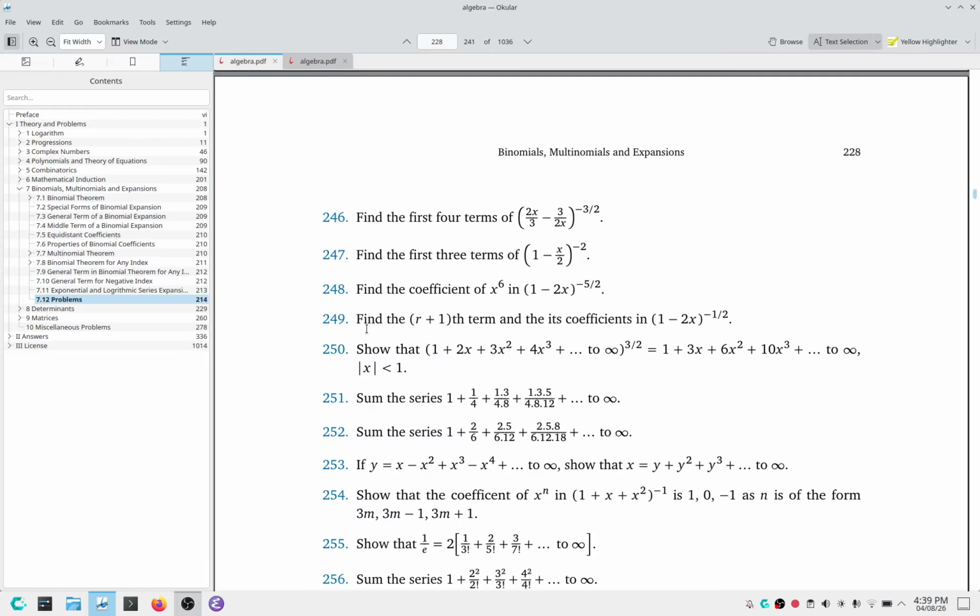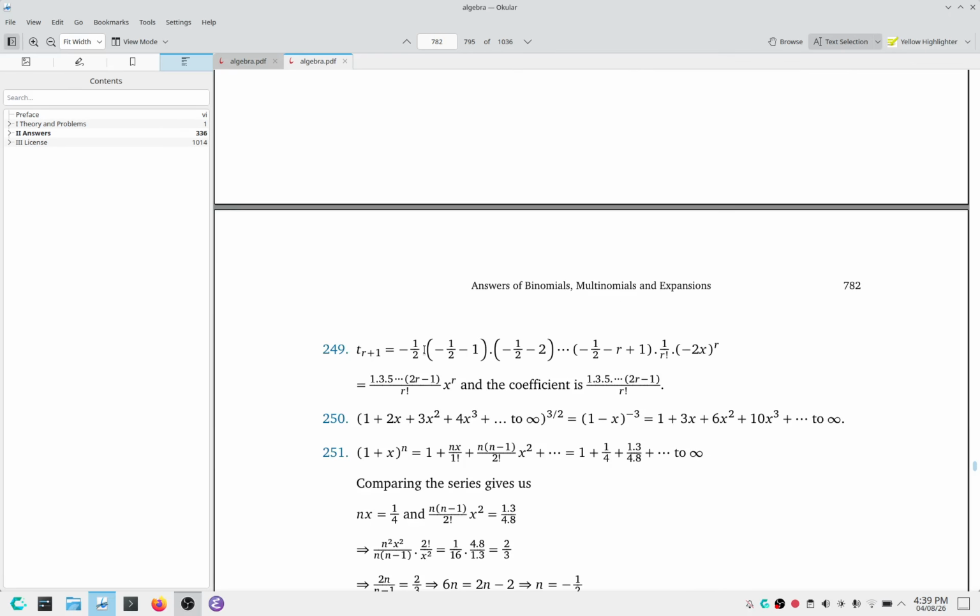Question 249 says: find the (r plus 1)th term and its coefficient in (1 minus 2x) to the power minus 1 by 2. So the (r plus 1)th term would be minus 1 upon 2 times (minus 1 upon 2 minus 1) times (minus 1 upon 2 minus 2) and so on up to (minus 1 upon 2 minus r plus 1) times 1 upon r factorial times (minus 2x) to the power r.